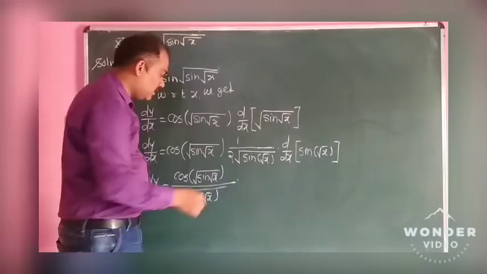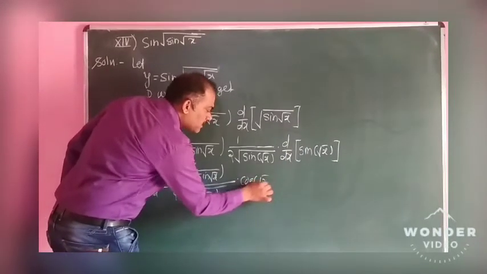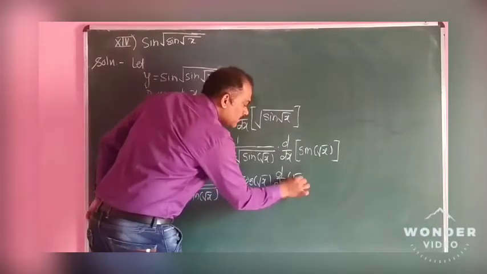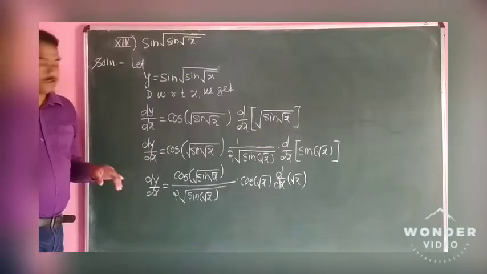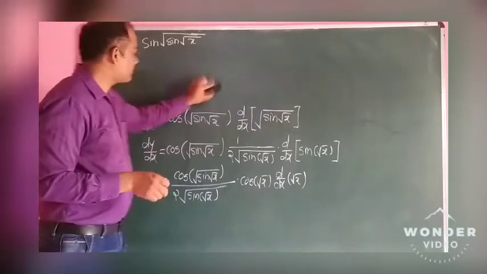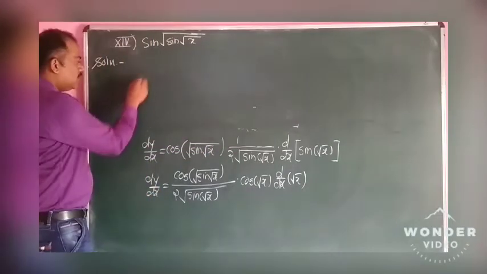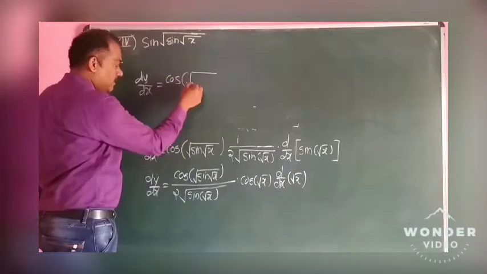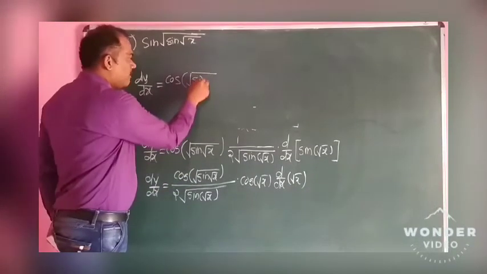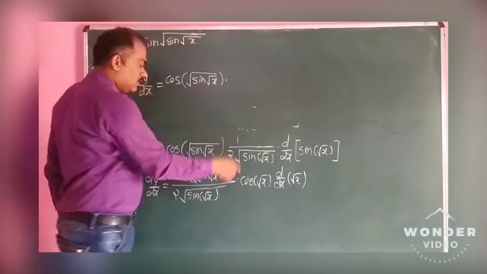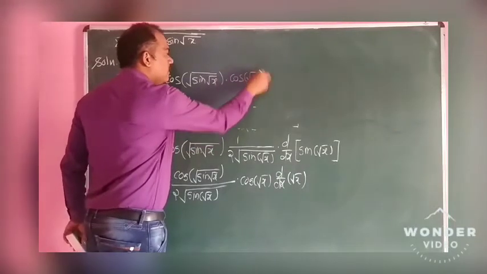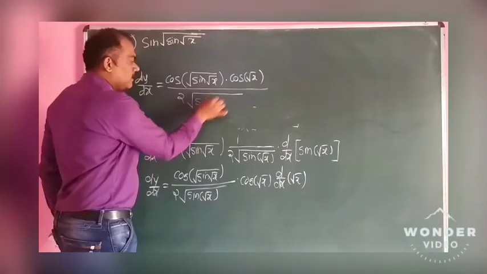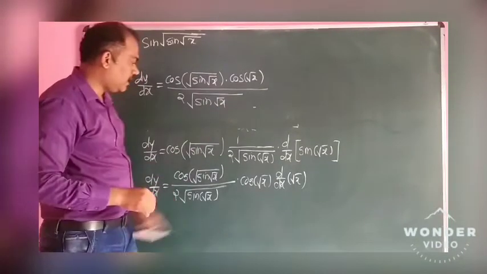The derivative of sine is cos, so it is cos of root x into the derivative of root x, d/dx of root x. So dy by dx is equal to cos of root of sine of root x into cos of root x divided by 2 times root of sine of root x, into d/dx of root x.